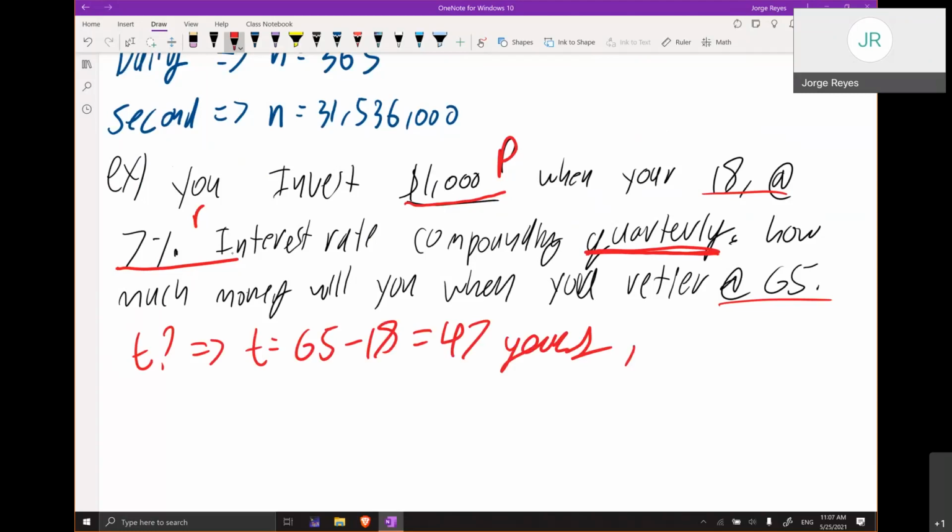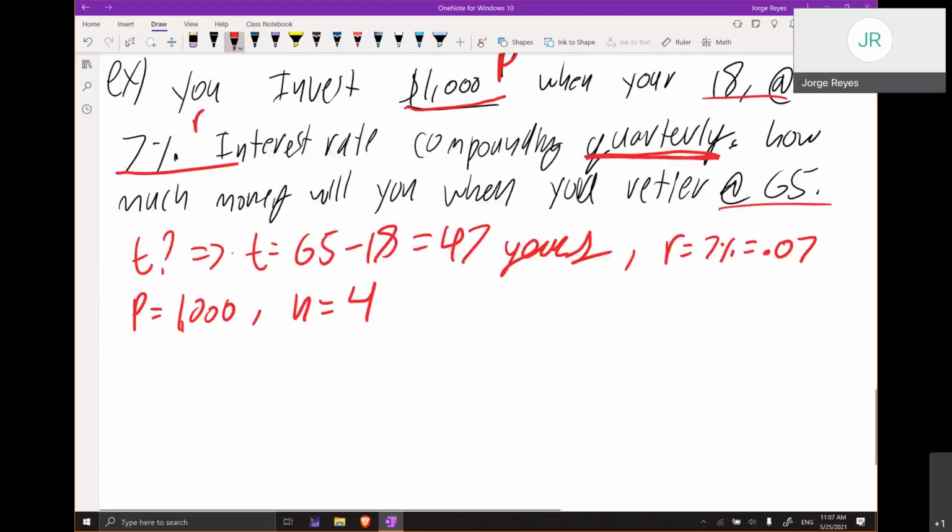R is going to be 7%, but remember, we can't plug in percents into our formulas, so this is going to be 0.07. P is just 1,000. N is quarterly, so that means N is 4. Then I just plug all of these into a calculator.